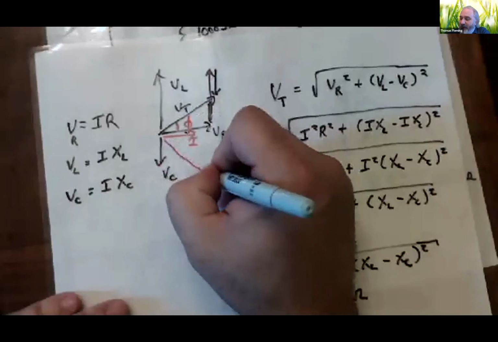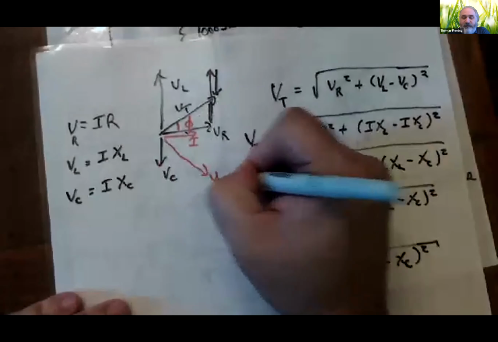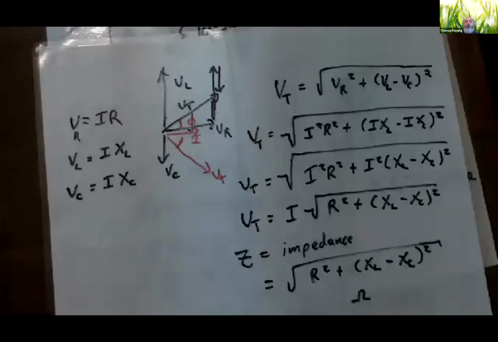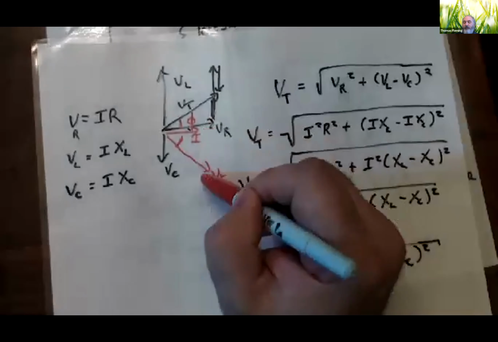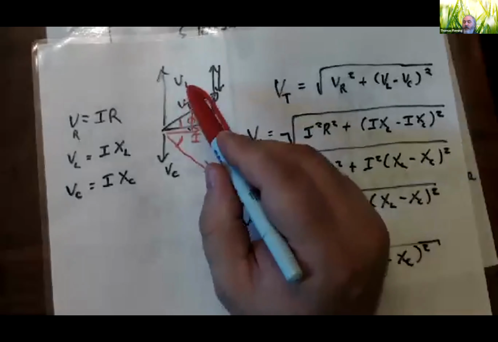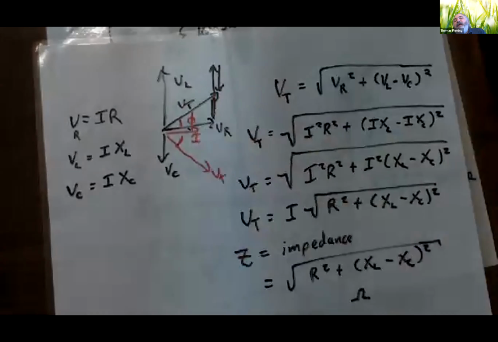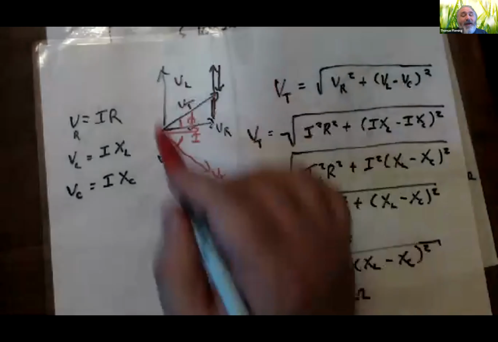My V total might have been down here, which means I could have had a phase angle where the current is ahead of the voltage, as opposed to the original case where the voltage was ahead of the current. So in an AC circuit, sometimes the current will either lag or lead the voltage by some angle other than 90 once you do all the math.